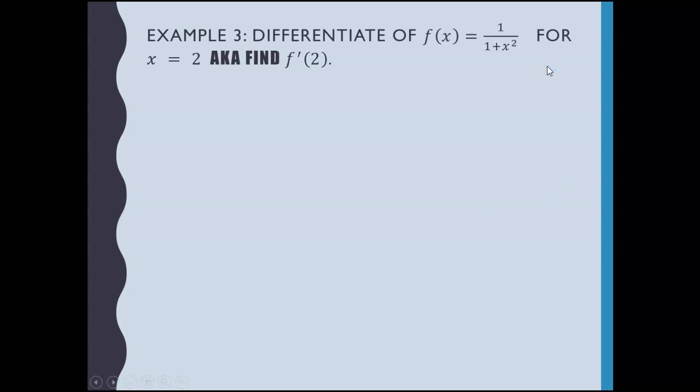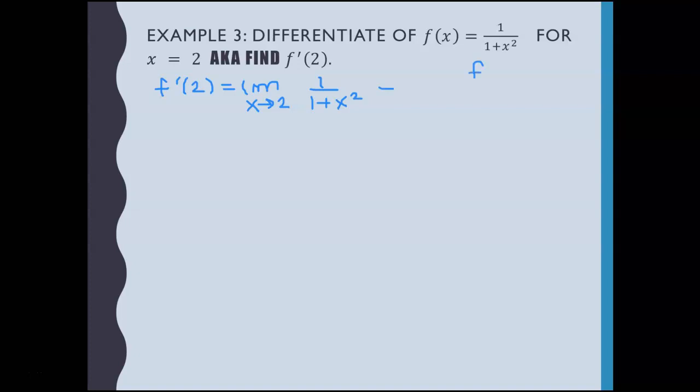This is an example of where what you know in physics will not help you. The power rule does not work for 1 over the quantity 1 plus x squared. So to find f prime of 2, we're going to do the limit as x approaches 2 of f of x minus f of 2.